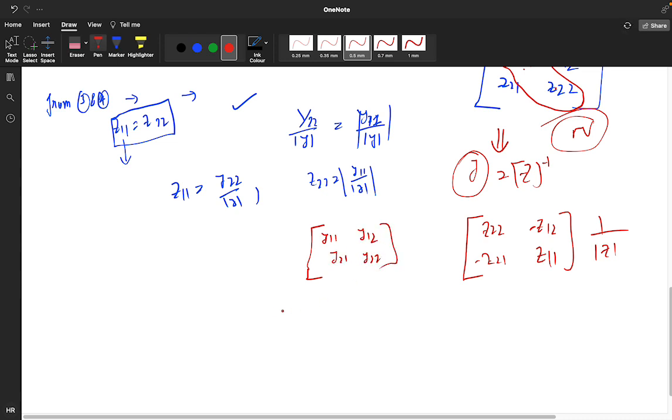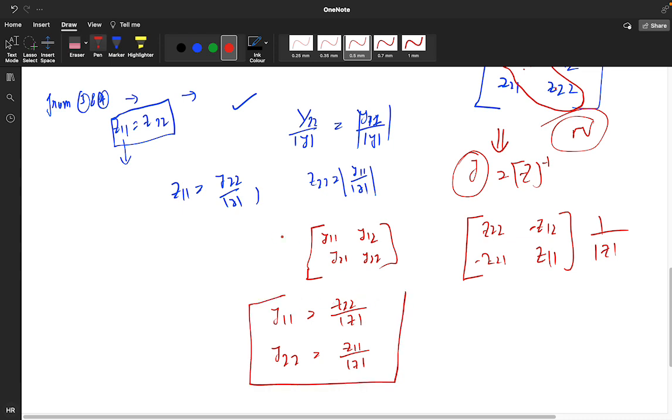So you get Y11 equal to Z22 by determinant of Z, and Y22 equal to Z11 by determinant of Z. So this is the story for the Y matrix.